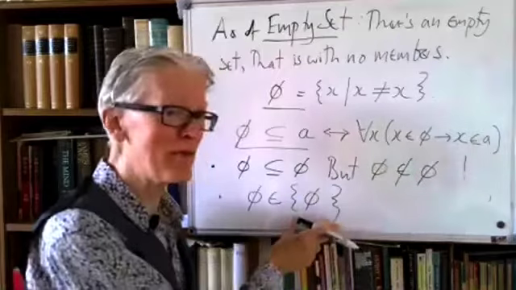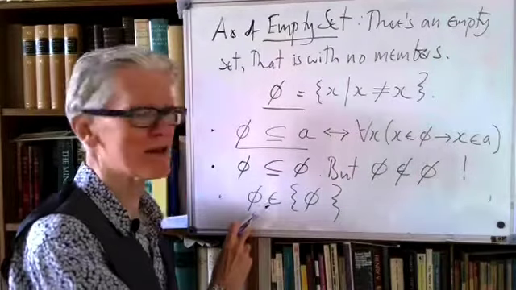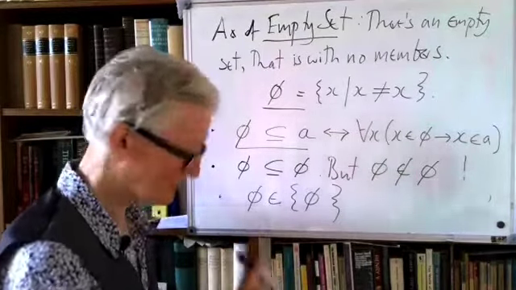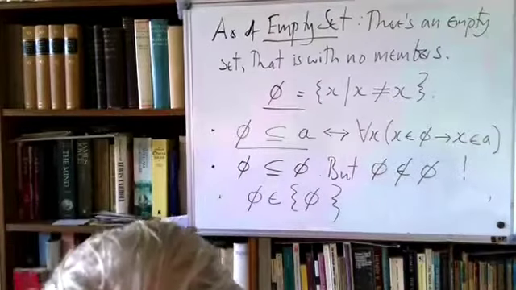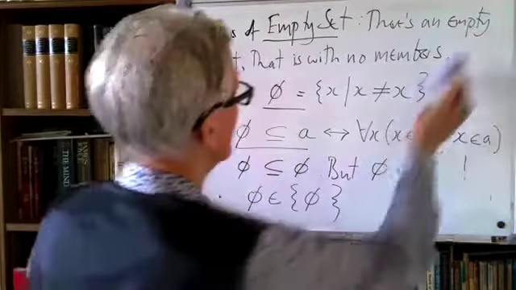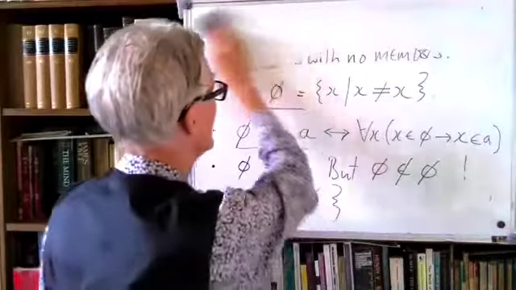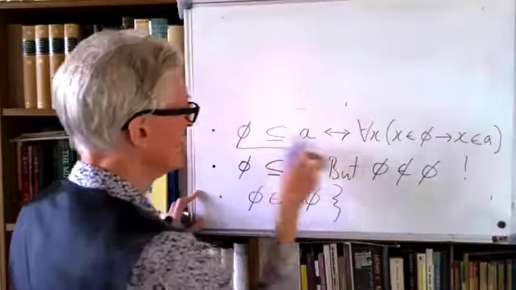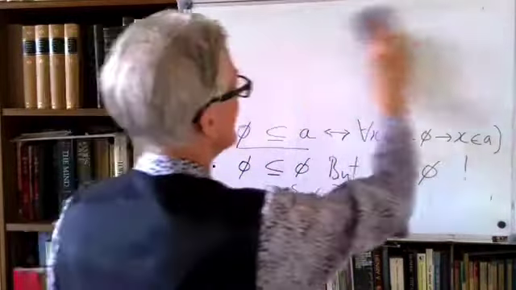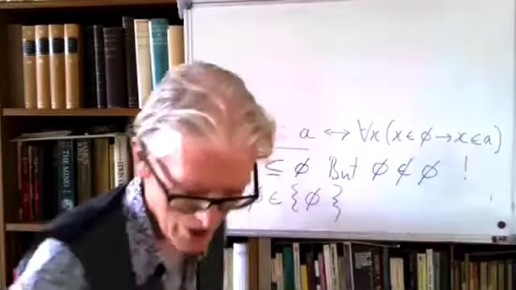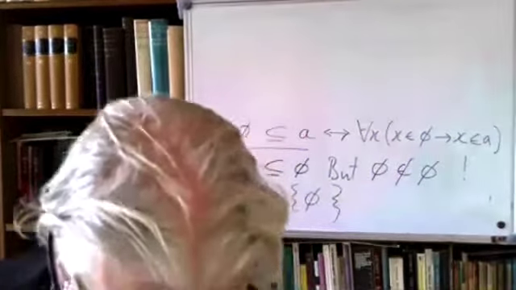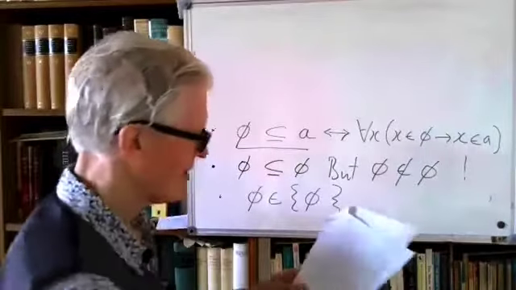This set has got one member, which just happens to be this. So that's just using the set inclusion notation. So don't get confused by these things.